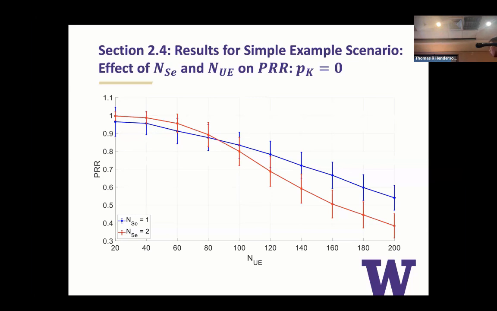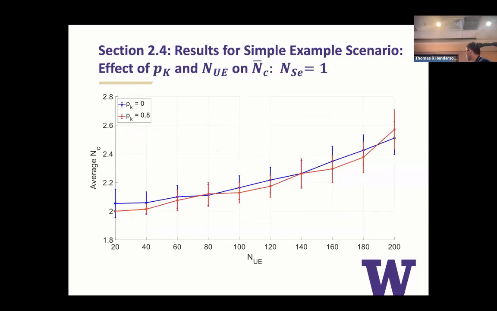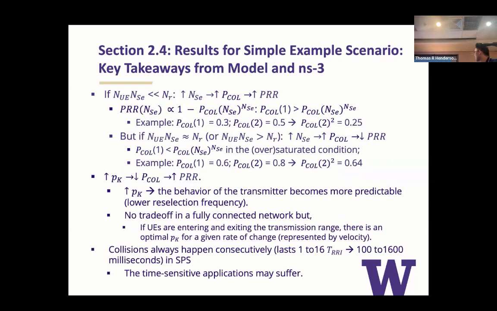Yeah. So we can explain this result. When NUE times NRC is less than the total number of PRBs, when we increase NRC, the collision probability will increase, but the PR will also increase.